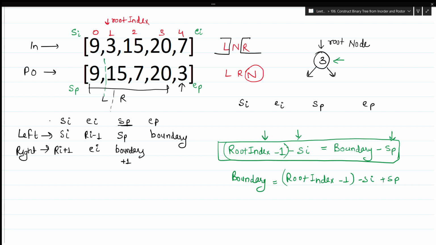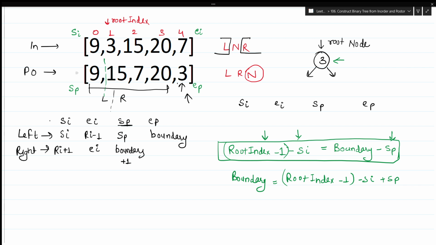This is very important. EP is very important in case of the right part, because as I know the post order EP, the ending position in the post order, the range where I will find my right part, will be EP minus 1, because EP contains the root node.